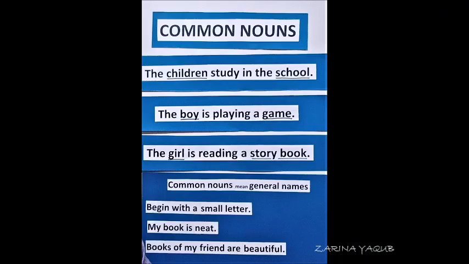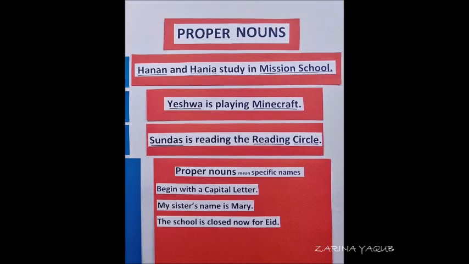A name which we give in general to all persons, places, or things of same kind is a common noun. You also know that a common noun, unless it comes at the beginning of a sentence, always begins with a small letter. A proper noun instead is the specific name of a person, place, thing, or event. And proper nouns always begin with a capital letter.